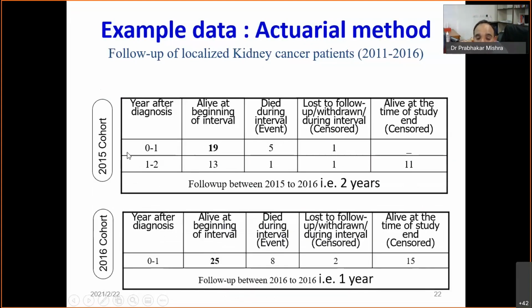Here 2015, 16, so 19 entered. Here 6 deaths and 13 censored, so 6 is the event, 13 is the censored, equal to 19. And here it is 2016. So 25 entered, 8 died, 15 plus 2, 17, is censored.